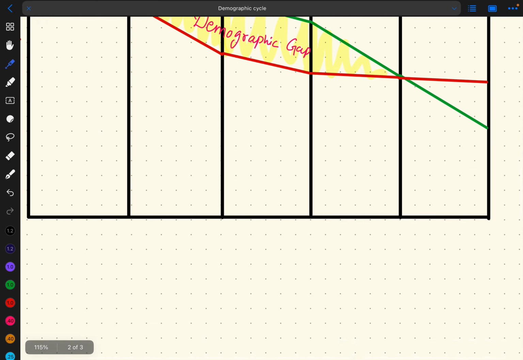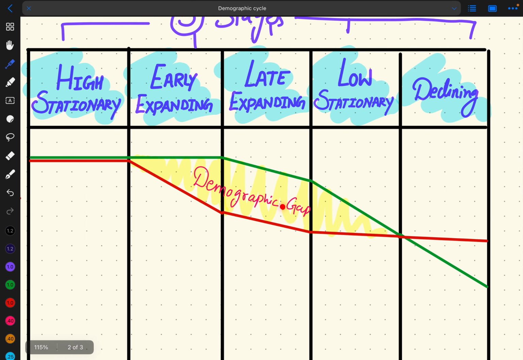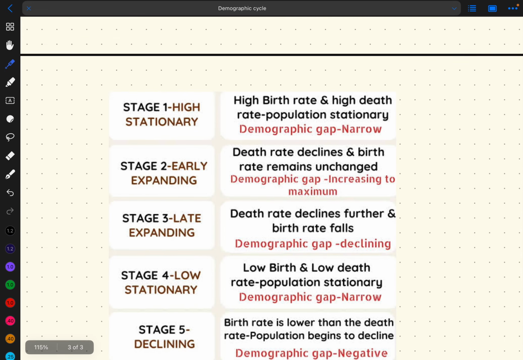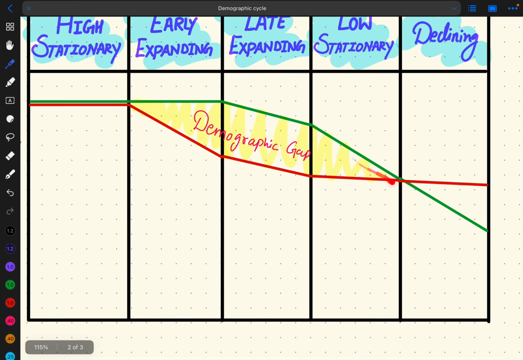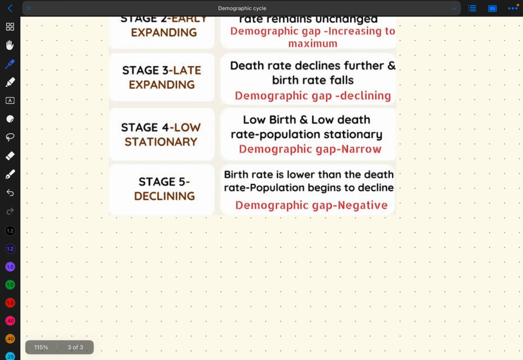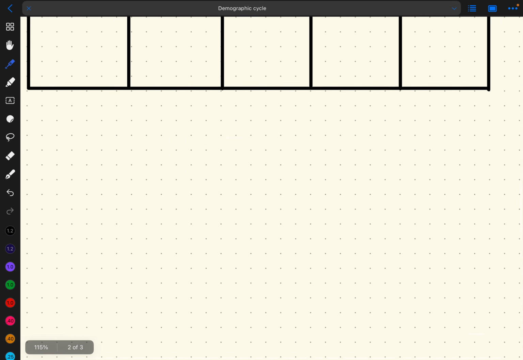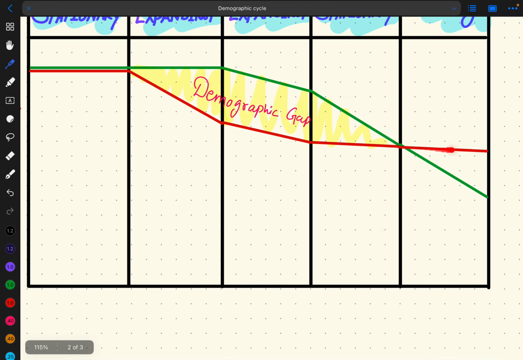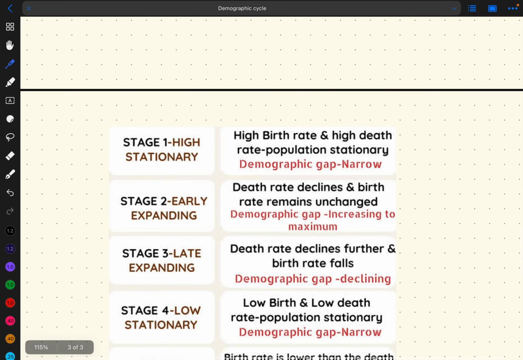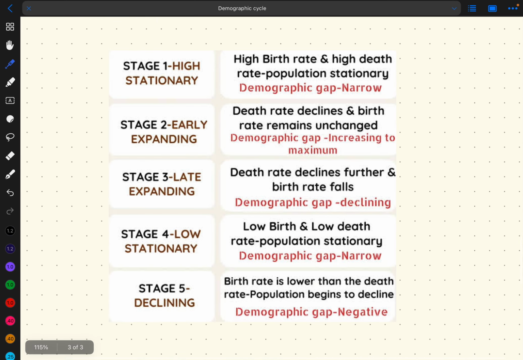See, narrowing. In low stationary, the demographic gap is much narrower. And in the declining stage, it is negative. We can see this is negative, nothing. So depending on it, we can study more.